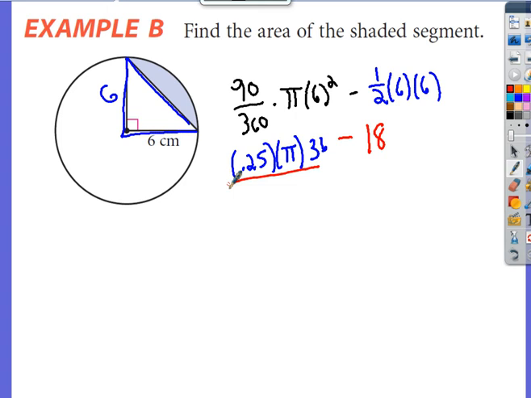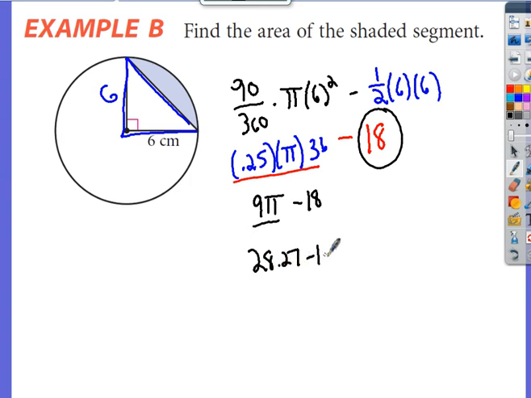And in this case, since this second number right here doesn't have a pi with it, we do need to get our approximate. We do need to get a number without pi in it. So 36 times 0.25 is 9 pi minus 18. And again, these will be in centimeters. So we do have to multiply the pi out. 9 times pi equals 28.27 minus 18 gives us 10.27 centimeters.